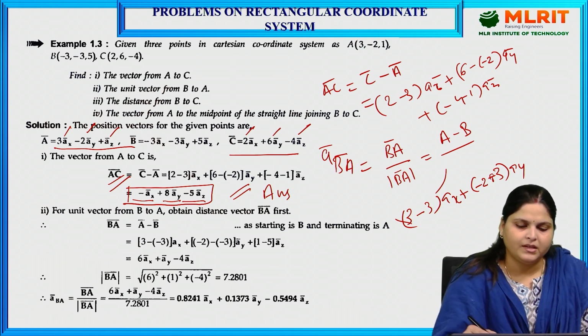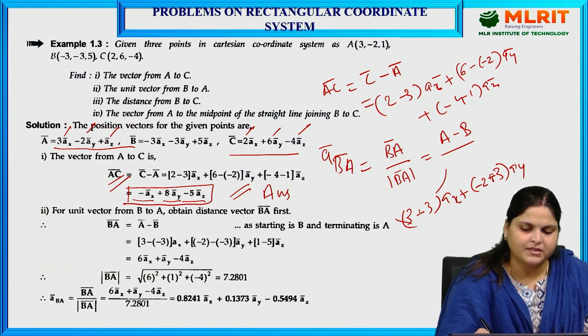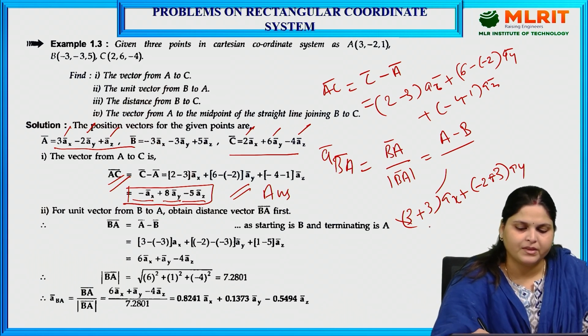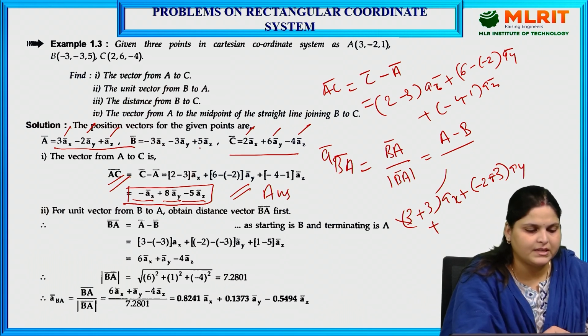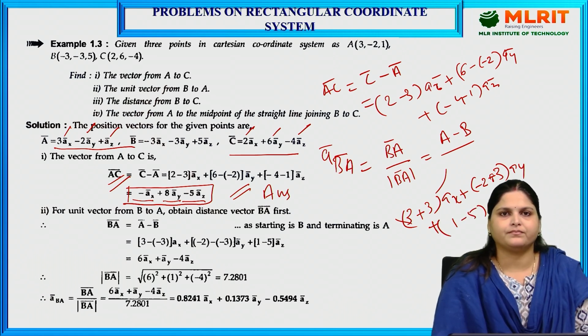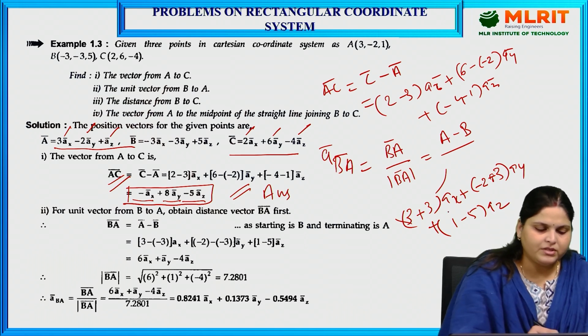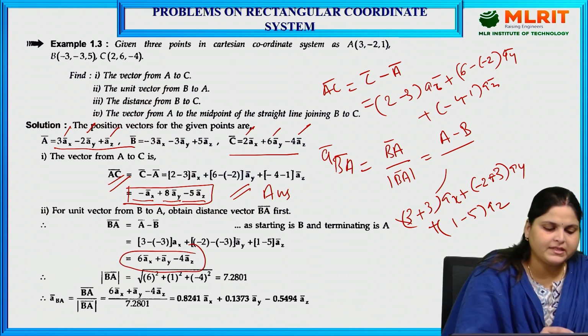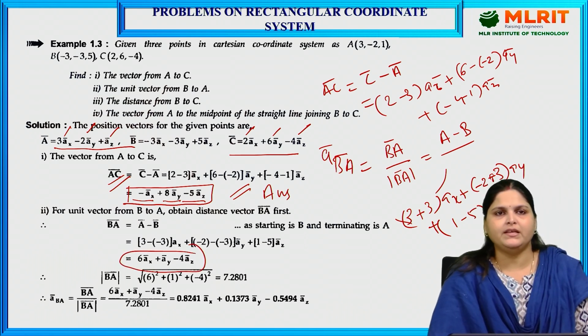This will also become plus, plus 1 minus 5 az. So on solving, this equation becomes 6ax plus ay minus 4az.